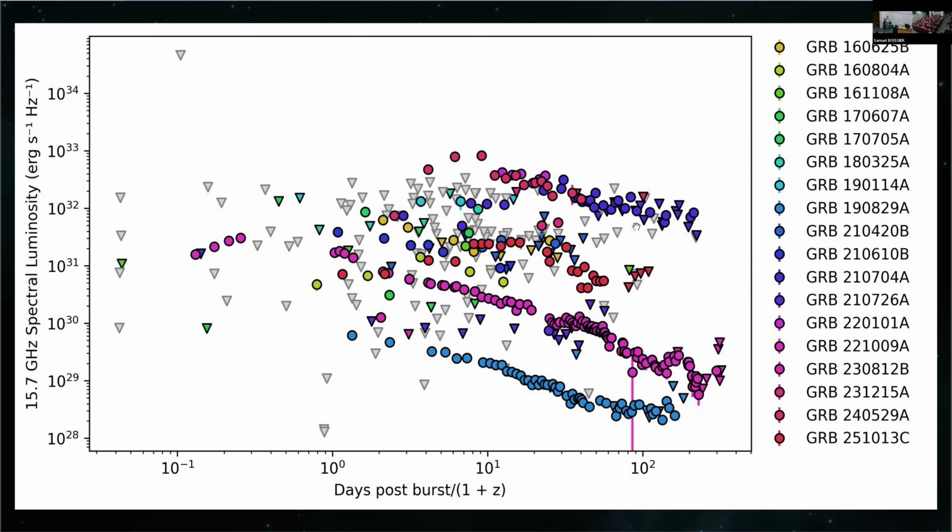You might sometimes have two whoppingly bright emission components, a reverse and forward shock, or sometimes just a piddly little forward shock chilling. So we're really seeing a huge range of radio properties from a single facility, and I think that's something the Amy telescope has done really amazingly over the last decade.